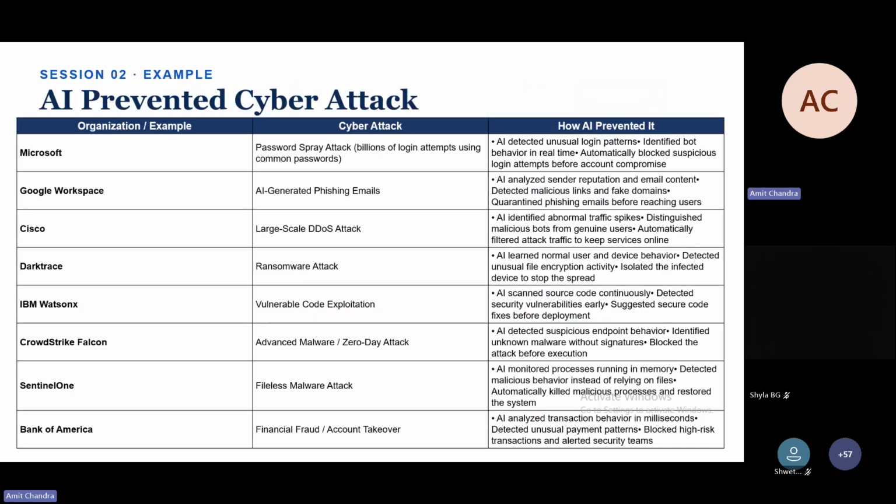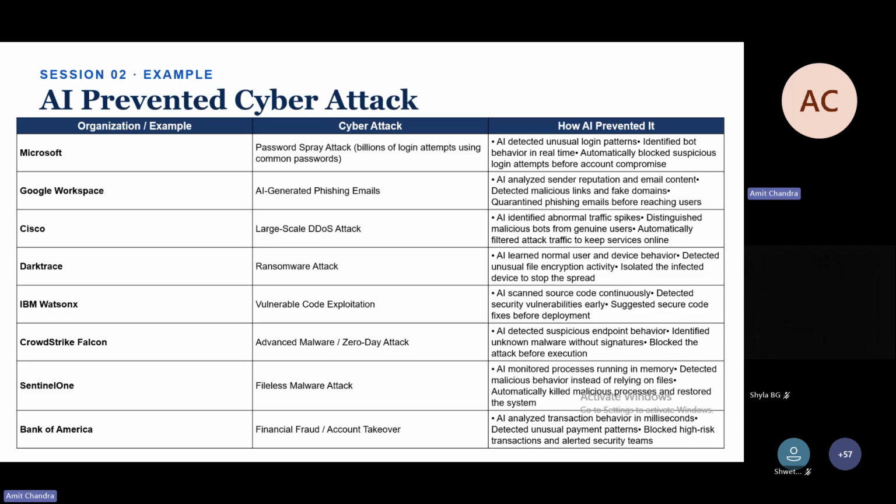Now, these are a couple of use cases where I'm trying to list what type of cyber attacks have been prevented with the help of AI. One is Microsoft, a password spray attack where millions of login attempts were made using common passwords.